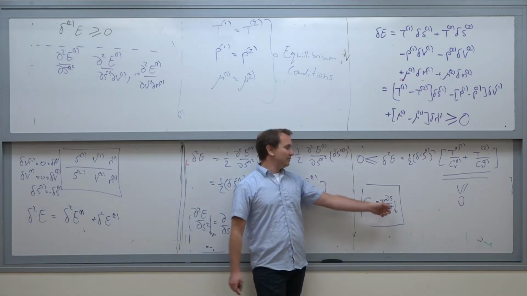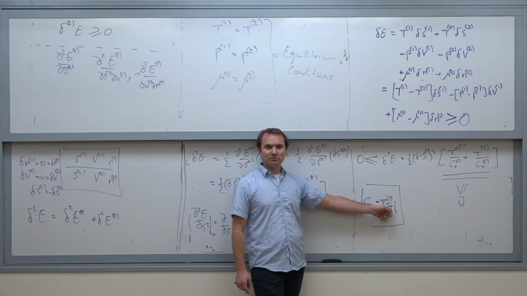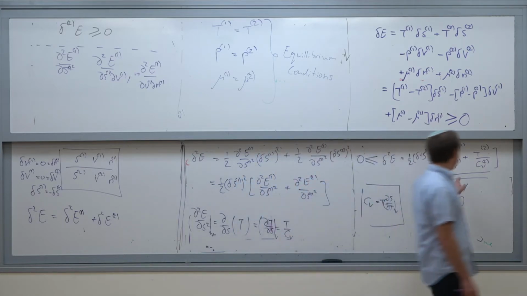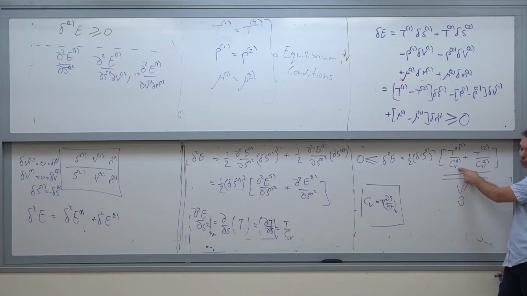So if CV is proportional to the size of the system, 1 over CV for the large system is very small, and 1 over CV for the smaller system must be large. Basically, 1 over CV is proportional to 1 over the system size.